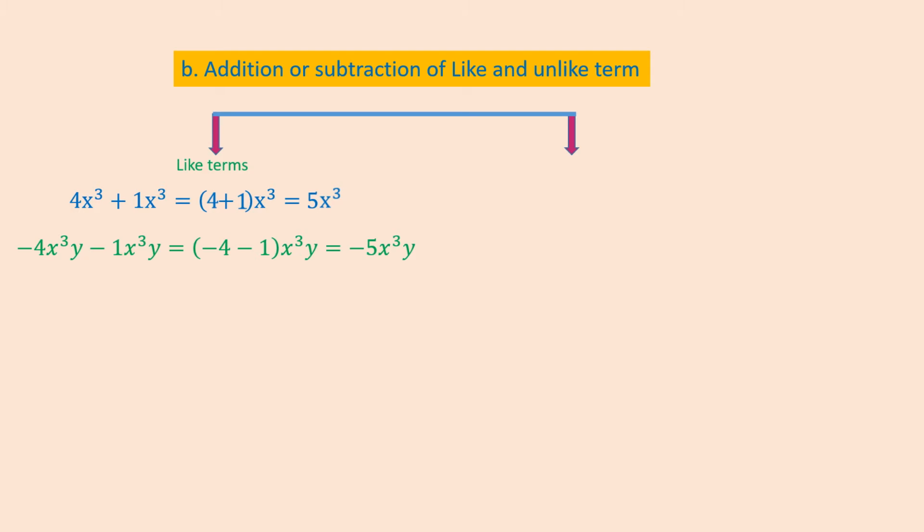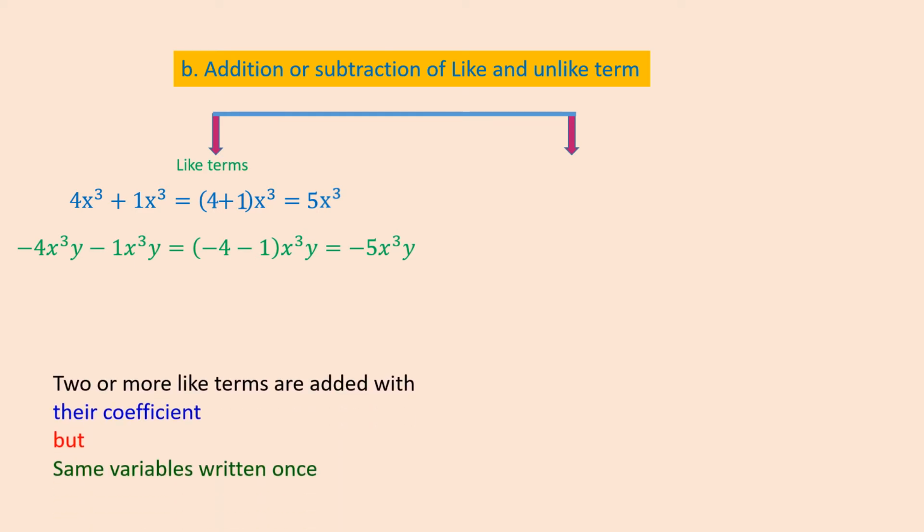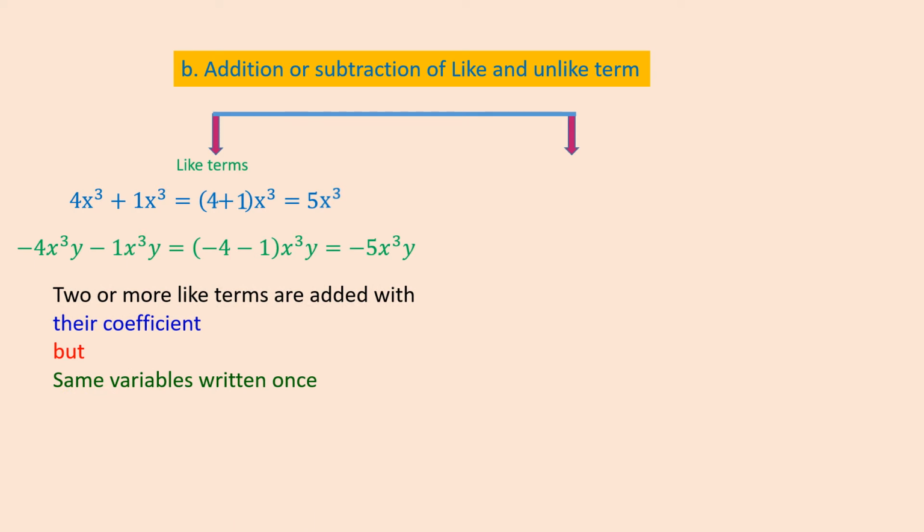Then x cube y will be written as you have done in the previous case. So minus 4x cube y minus 1x cube y equals minus 5x cube y. So two or more like terms are added with their coefficients, but the same variable is written once. The same thing happens in subtraction also.